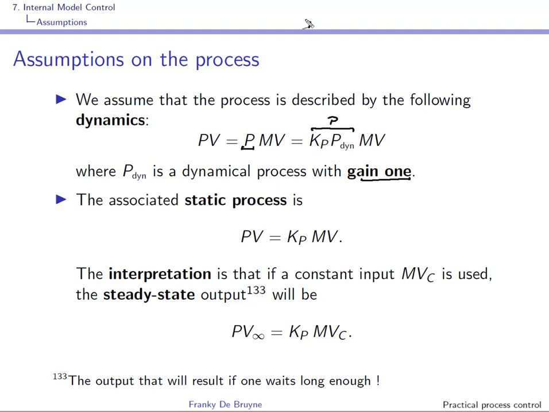Let us illustrate this using a Broida model. So we have the gain, time constant, and the delay. So this one over here is 1 over τs plus 1 times exponential of minus θs, and you can see that indeed P is this one times Kp.